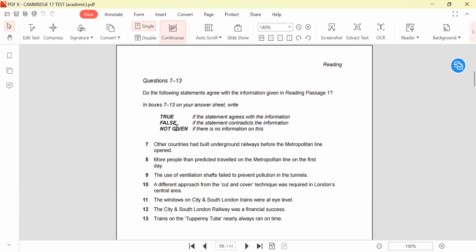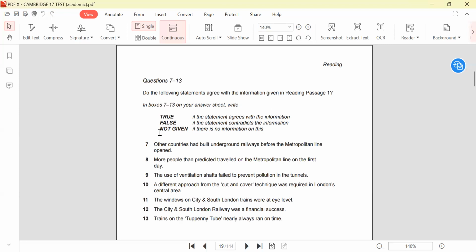The next part is true, false, not given. Always remember true, false and not given, and yes, no and not given. The strategy for these types of question is the same. You will only mark the question true if the statement you are reading is exactly the same as what is mentioned in the paragraph.